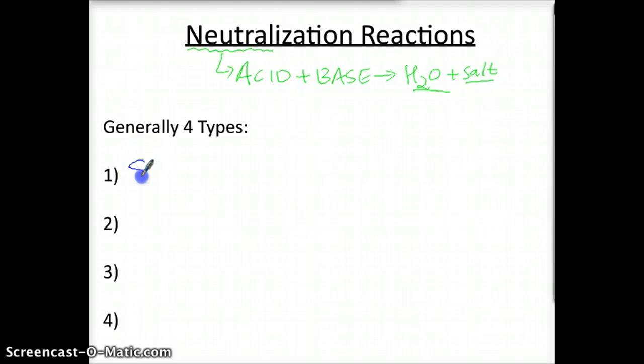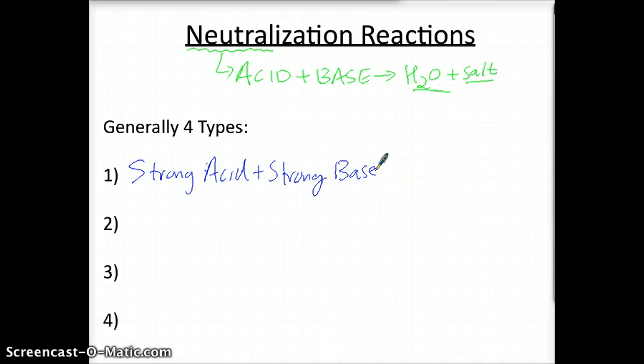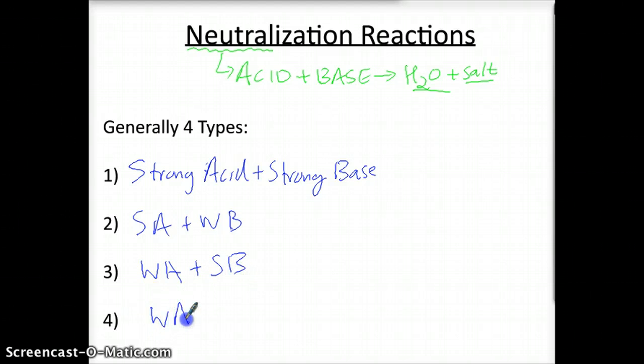You can mix a strong acid with a strong base, and that's most typically the type of neutralization reactions we've seen before. You can mix a strong acid with a weak base. You can mix a weak acid with a strong base, or you could mix a weak acid with a weak base.